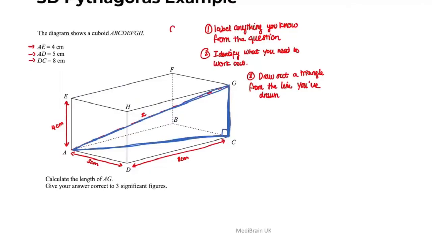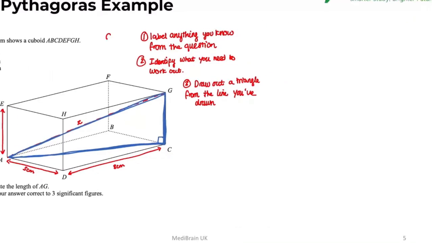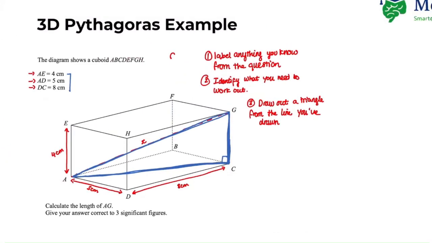So first I labeled everything from the question. I labeled all these sides over here. And then I identified the line that I needed to work out, AG, and I labeled that as X. And then the third step is that I draw out the triangle from the line that I need to work out.